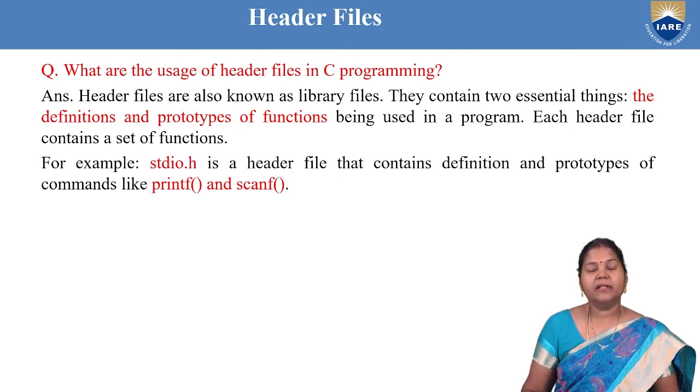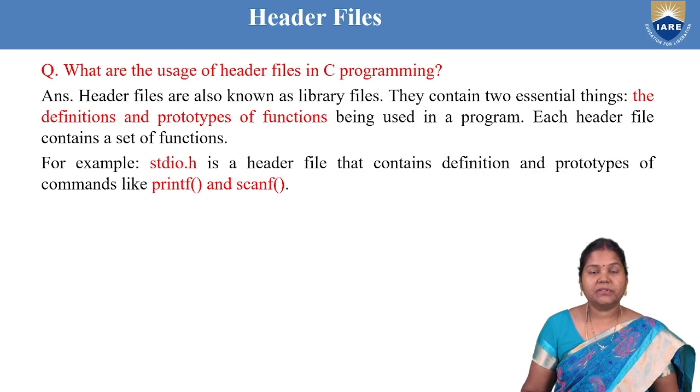That means, if a number of input-output related functions are available, then that comes under stdio.h, standard input-output header file. Similarly, math-related functions are there under math.h, string-related functions are there under string.h. So, based on the usage or the functionality of these functions, the functions are categorized into different header files.